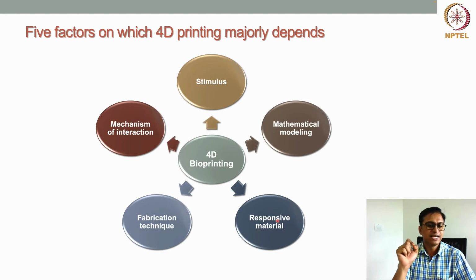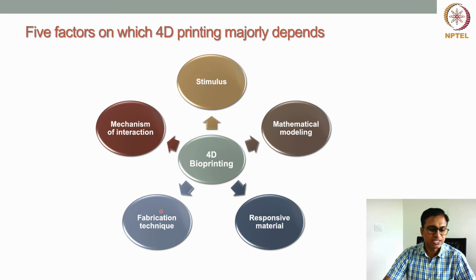That is another way to control the changes of the material, and in that case also we can program those changes by using this responsive material. So these are the different types of responsive materials that people mostly use for 4D bioprinting applications.